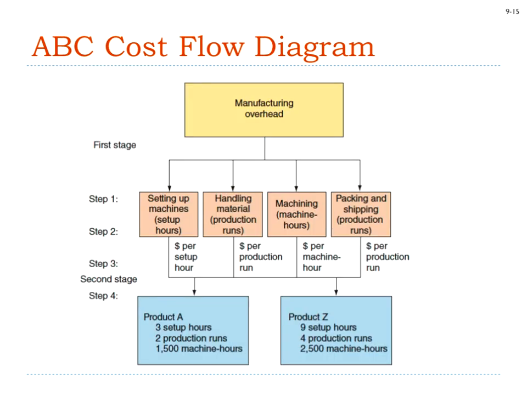So here's another illustration of the cost flow of activity-based costing. The first thing we do is we identify the activities that consume resources. So it looks like setting up machines, handling materials, machining, and packaging are all activities that consume resources.